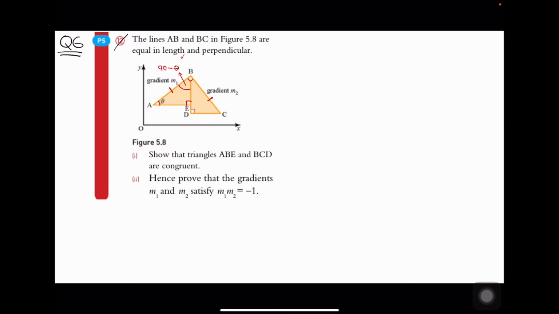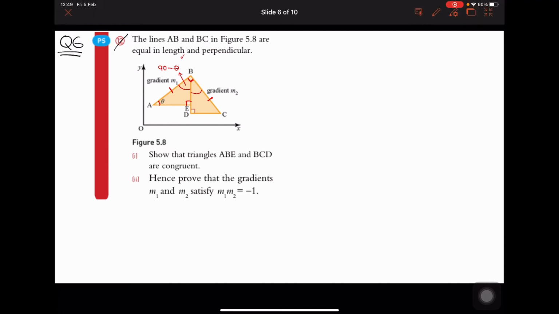Then we have an angle here, which is 90. I'm just going to change the color to make this very clear. 90 take away 90 take away theta, so I'll write 90 take away the other angle.